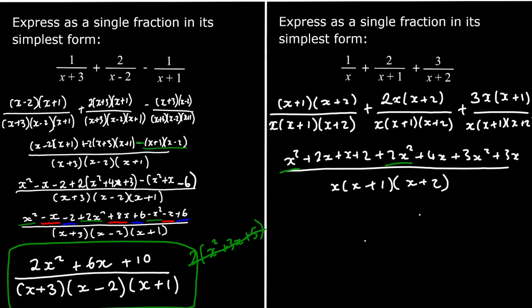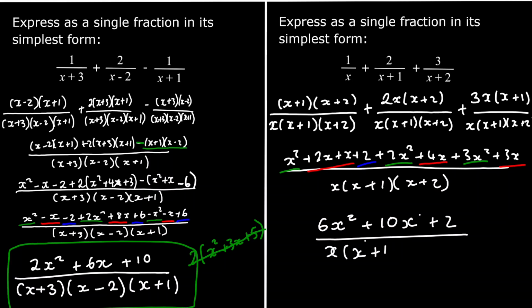So collecting the like terms, we have 6x squareds. We have 3 plus 4, 7, plus 3, 10x's, and a 2 over x times x plus 1 times x plus 2.